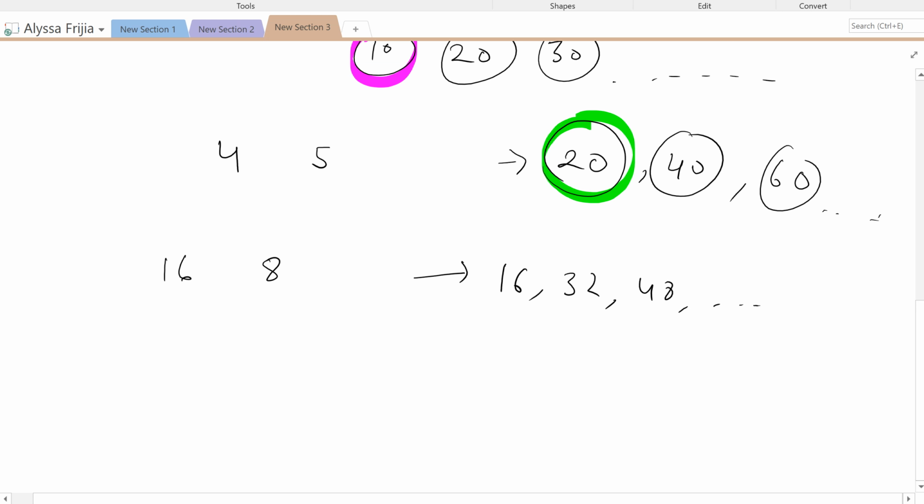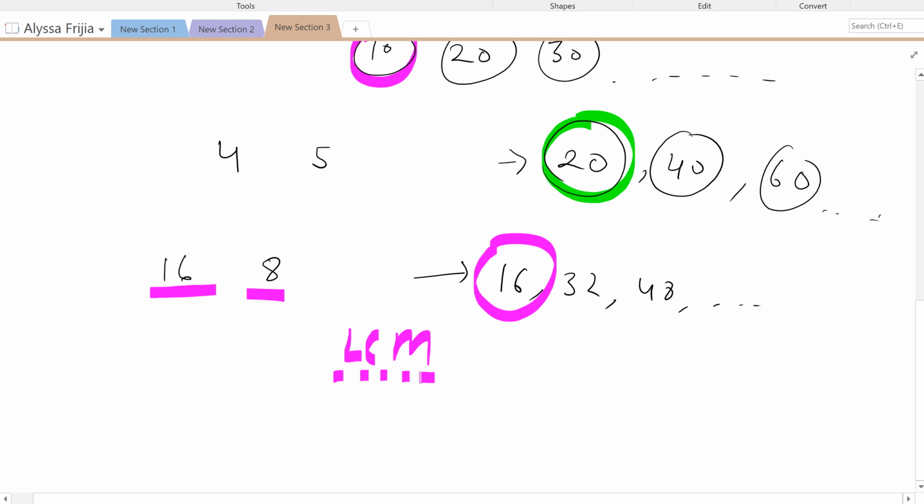So these numbers are divisible by 8 and 16, and we're looking for the least number. So 16 is the smallest number which is divisible by these two numbers. So 16 is the least common multiple.